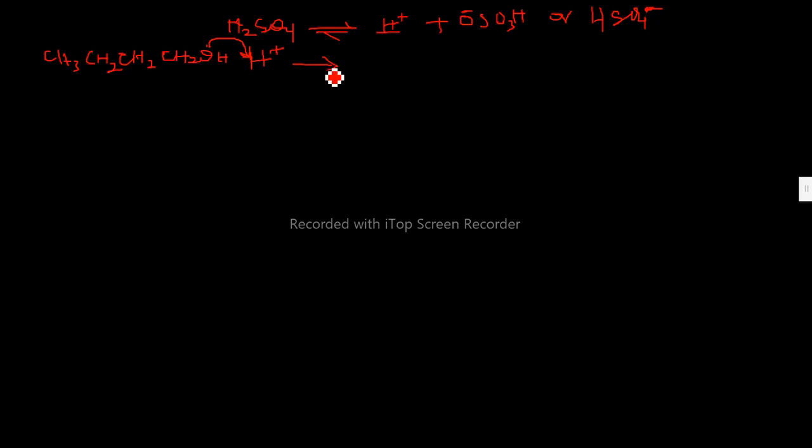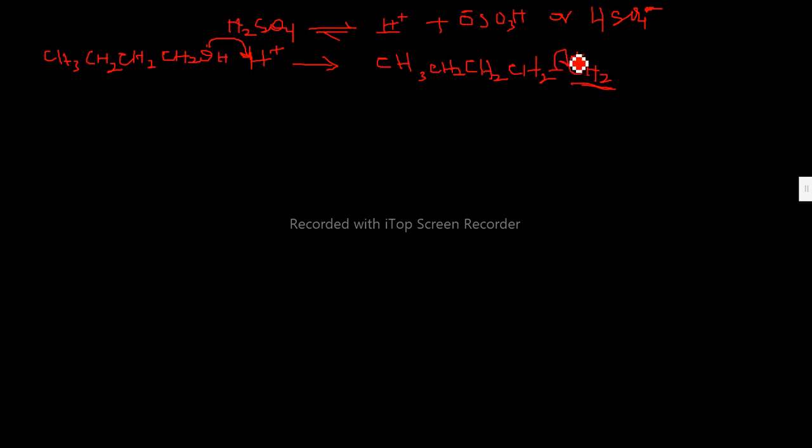Then we shall form a protonated alcohol, which is CH3CH2CH2CH2OH2 plus. Now this is a protonated alcohol, and it is a good leaving group, so it will leave.